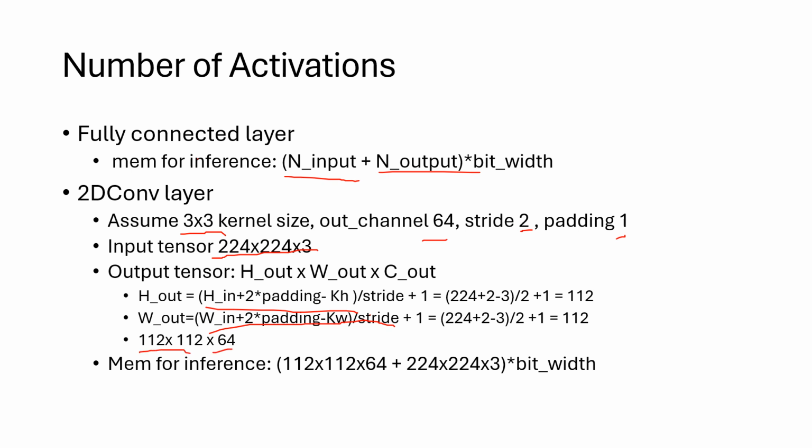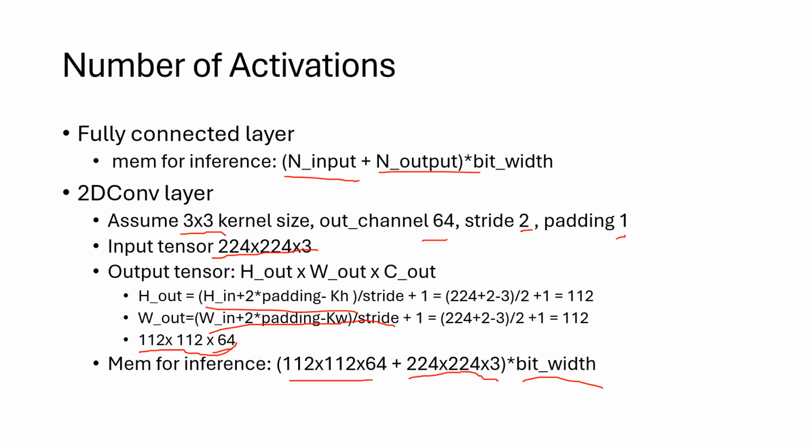So this is the output dimension we have here. Then again, we add the input activation and output activation together, and times the precision. So this is the total memory consumption for inferencing for this particular layer.